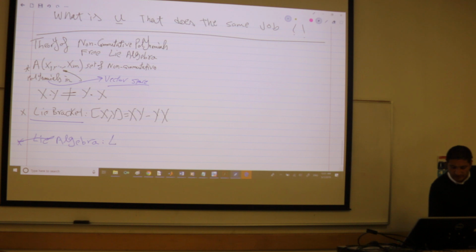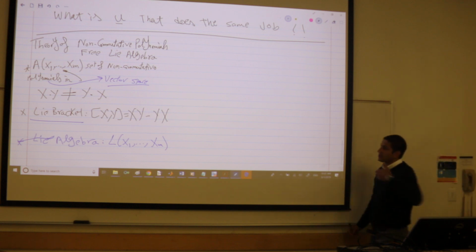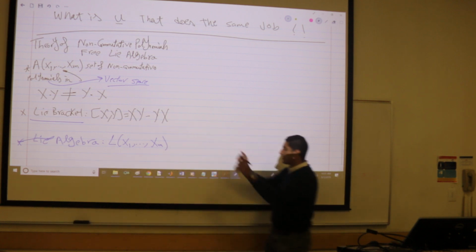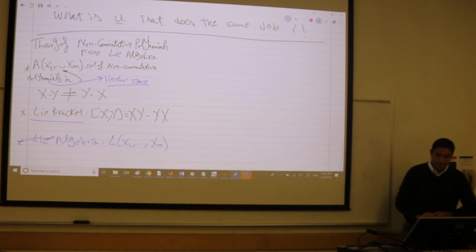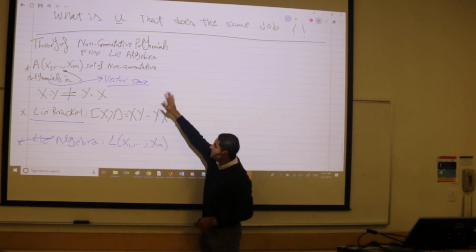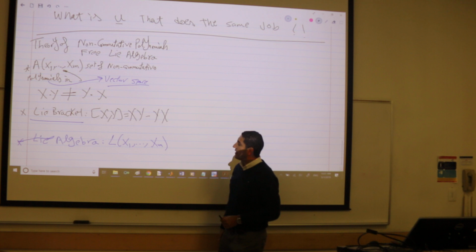So we're going to denote it by L of x1 up to xm. These are my polynomials, non-commutative polynomials in m variables. Nothing more. It's nothing fancy at all. Here we're focusing on polynomials, but in fact, everything will be valid for whatever you like.